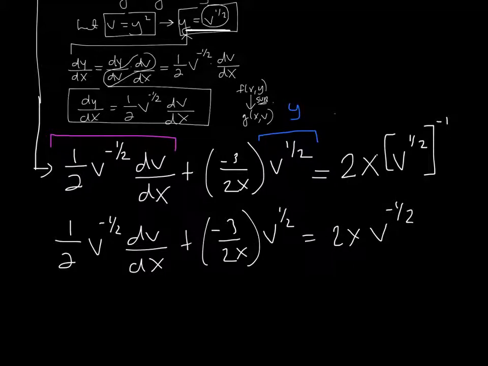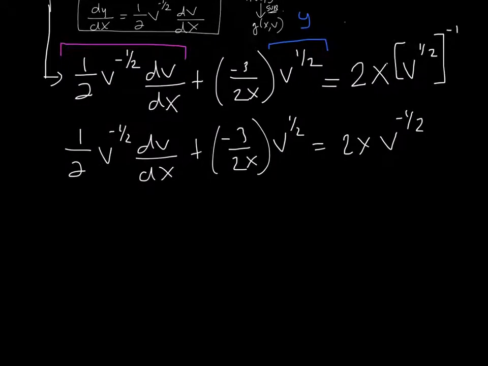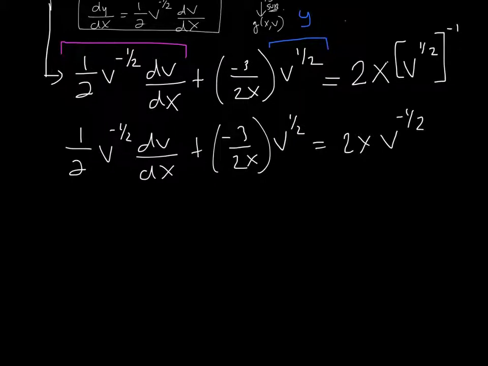So remember, the goal is to transform this equation by using substitution to hopefully get a differential equation that's linear. By simplifying this a little bit, we really want our dv/dx minus some p of x times v.